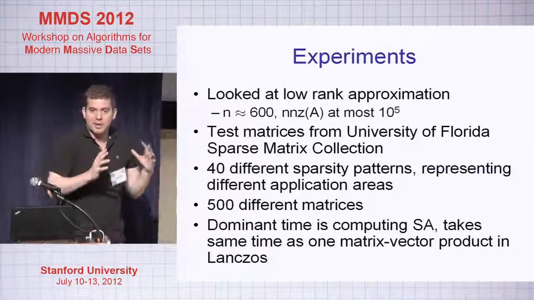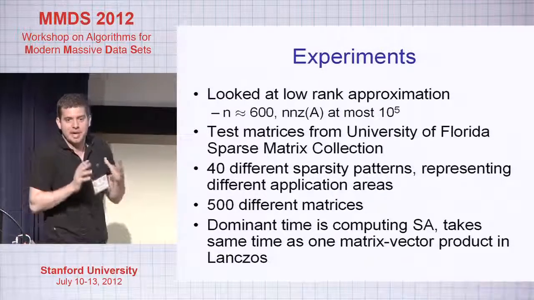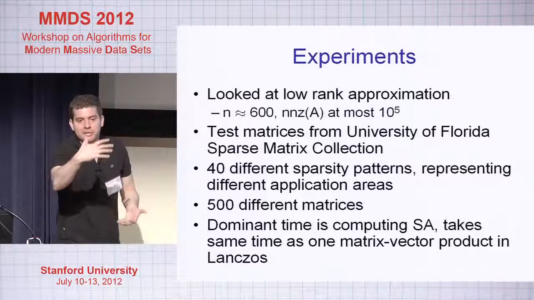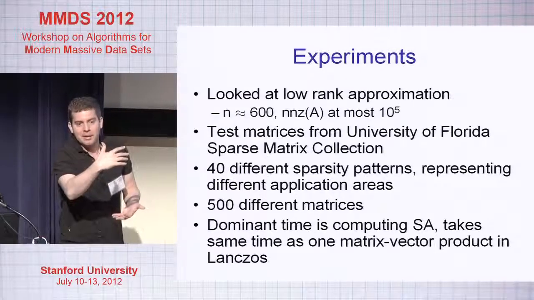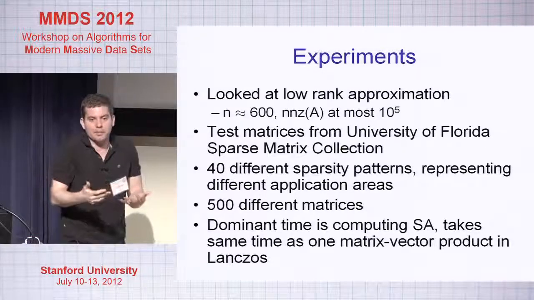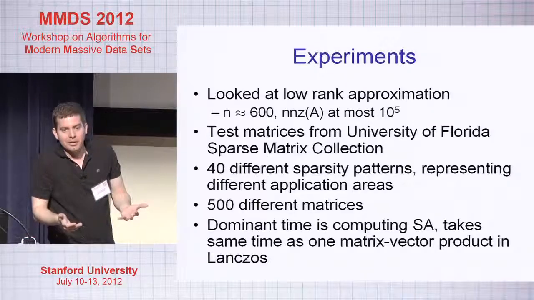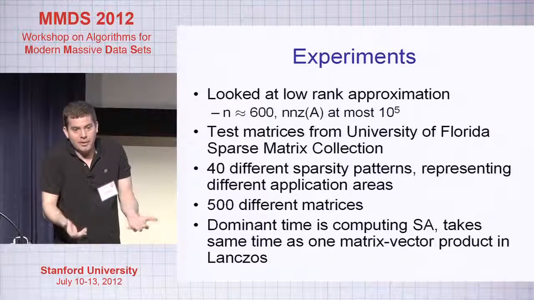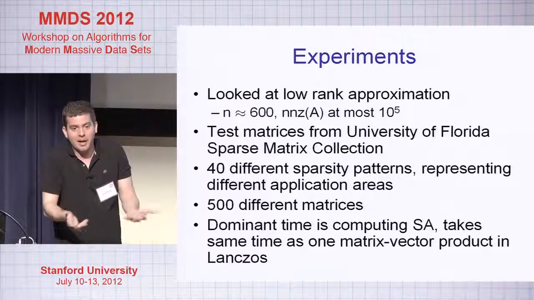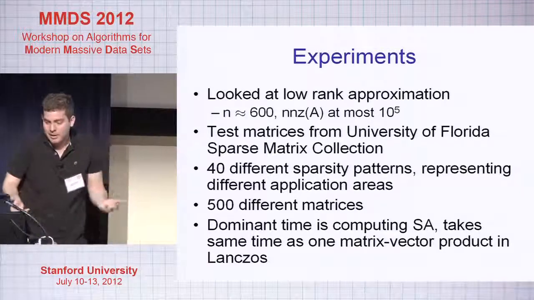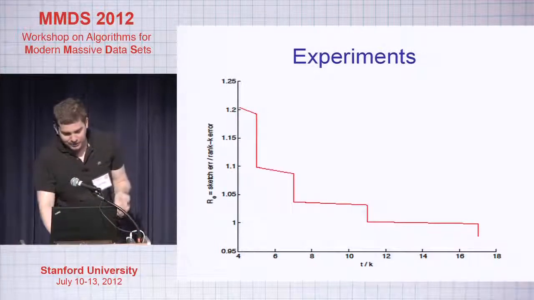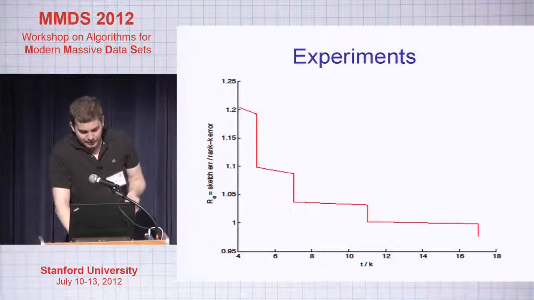Just note, the dominant term in the time complexity is just S times A, which takes time the number of non-zero entries of A. Now, if you want to compare it to something like Lanczos's algorithm, just a single matrix vector multiplication already takes number of non-zero entries of A time. So we have some graphs which show that this is very competitive.